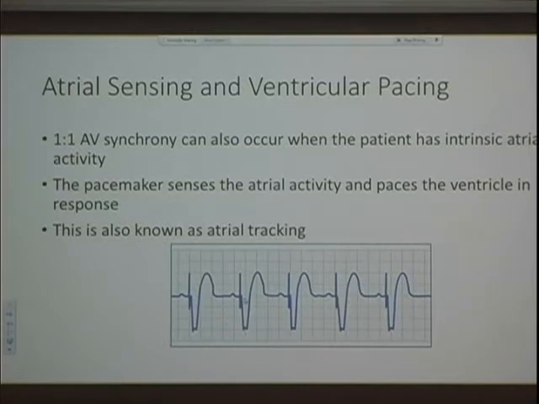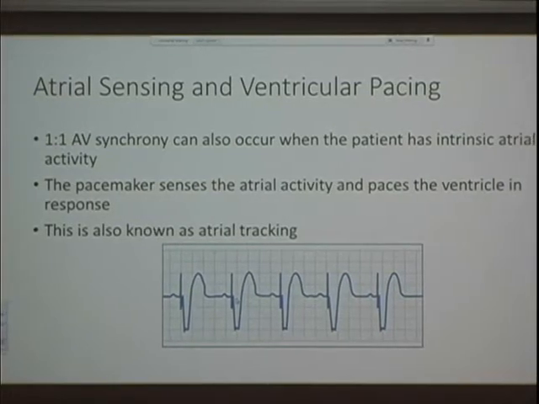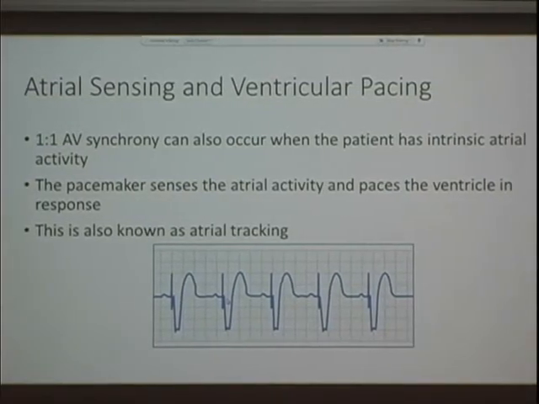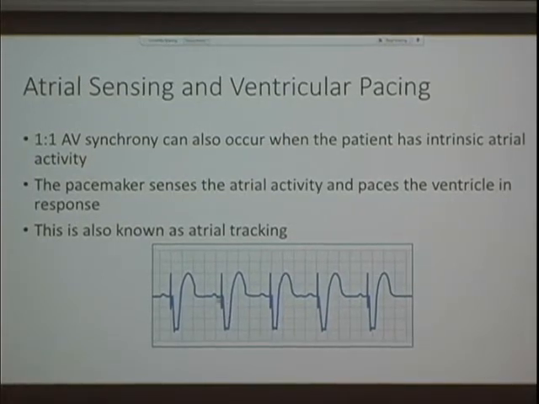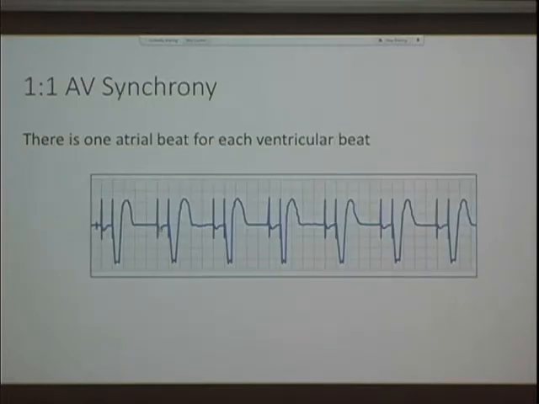If the lower rate of the pacemaker is set to 60 DDD, how is the patient pacing at 80? It's because if the patient's sinus rate is 80, the pacemaker will simply track the sinus activity. The lower rate comes into play only if it is atrially also driven by the pacemaker.